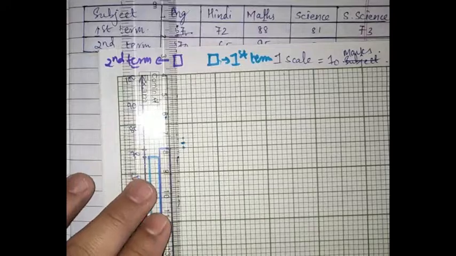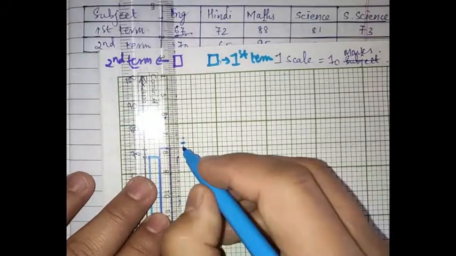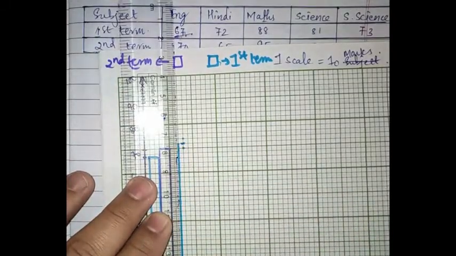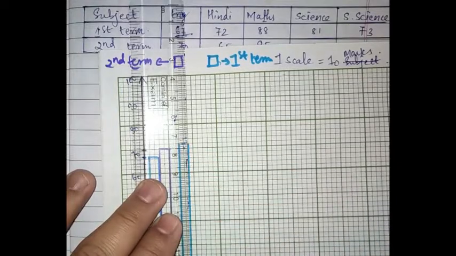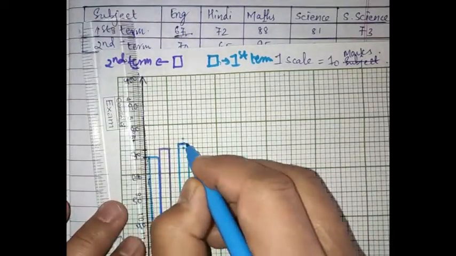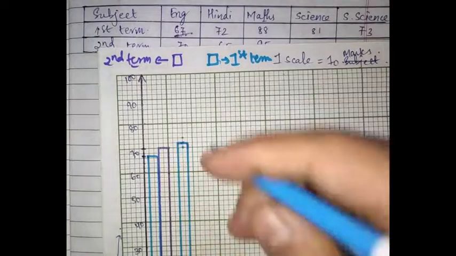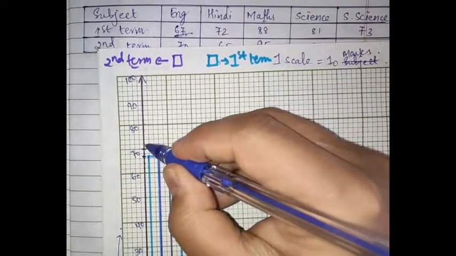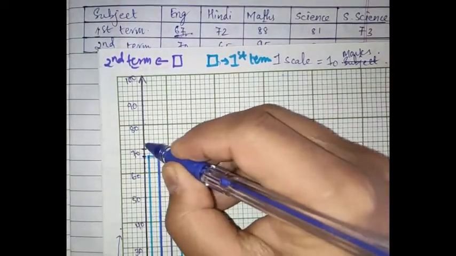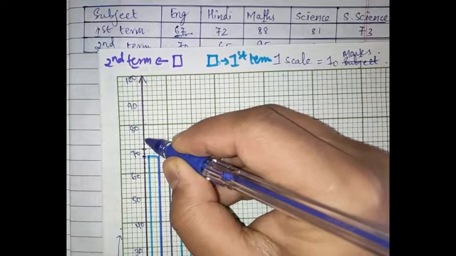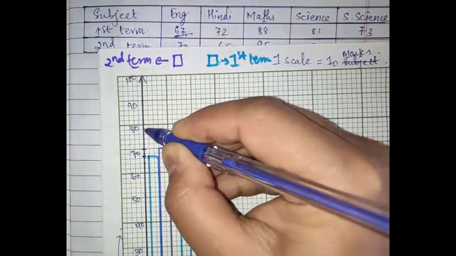So we are going to make it like this. This is your 72 marks in the first term, because when you move one step it will be 72, and further it will be 74, 76, 78 and 80.